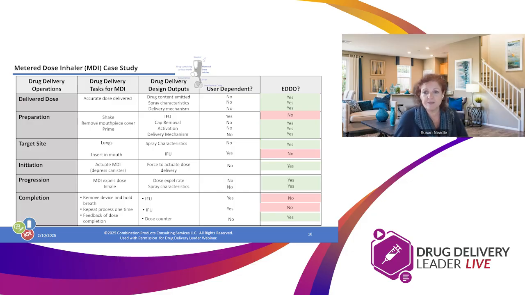They're going to be based on the design of the orifice and the spray mechanism of the metered dose inhaler. However, the IFU is user dependent. So magic, we know that if it's not user dependent and it's a drug delivery design output, then that's what we're talking about with the EDDO. The IFU is not an EDDO.